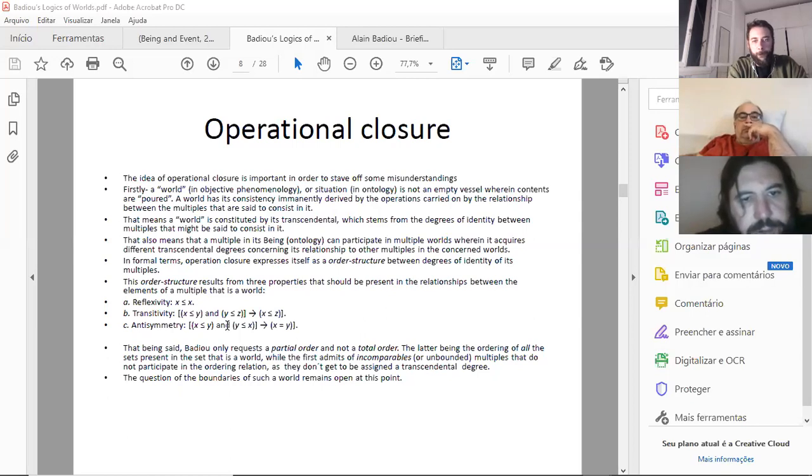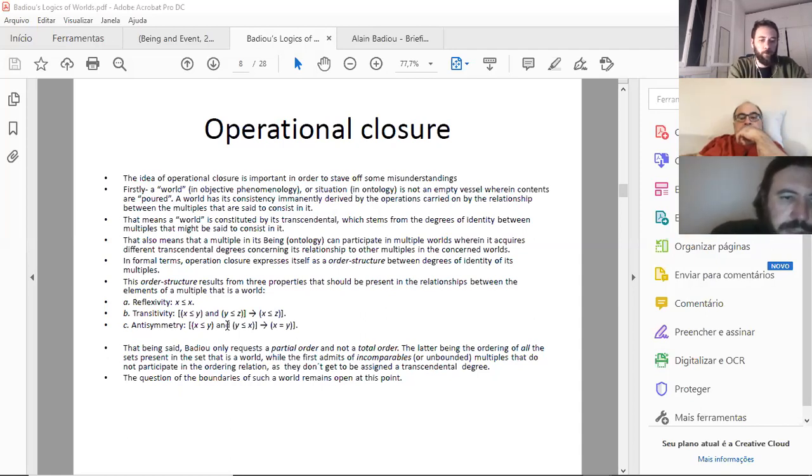That means a world is constituted by its transcendental, which stems from the degrees of identity between multiples that might be said to consist in it. That also means that a multiple in its being in ontology can participate in multiple worlds wherein it acquires different transcendental degrees concerning its relationship to other multiples in the concerned worlds. In formal terms, operational closure expresses itself as an ordered structure between degrees of identity of its multiple.